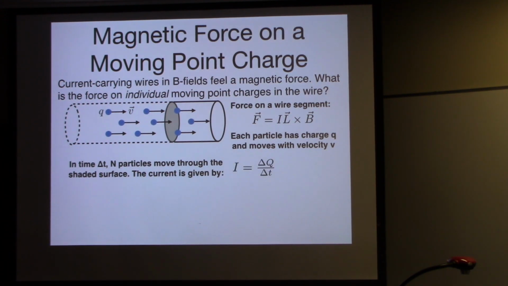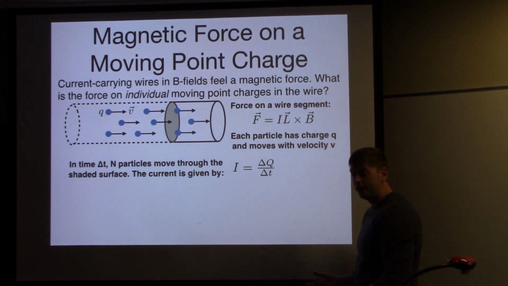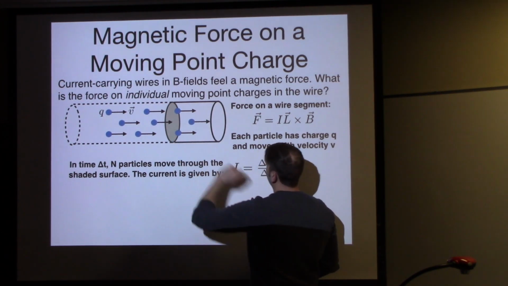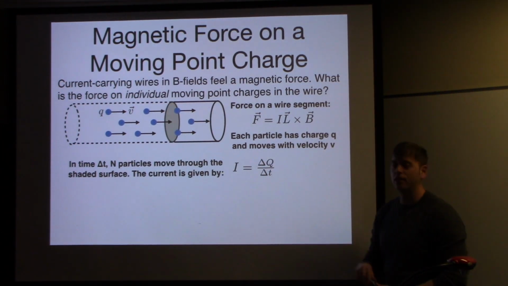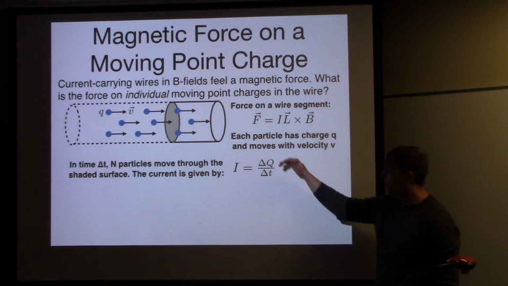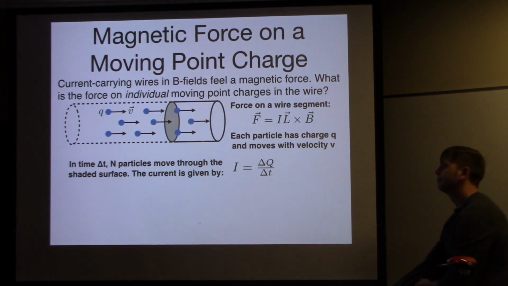What's the current going to be given by? Well, the current is defined as the amount of charge in total flowing through this surface divided by the time interval it takes for that charge to go through the surface. In other words, delta Q over delta T is the current flowing through this surface.